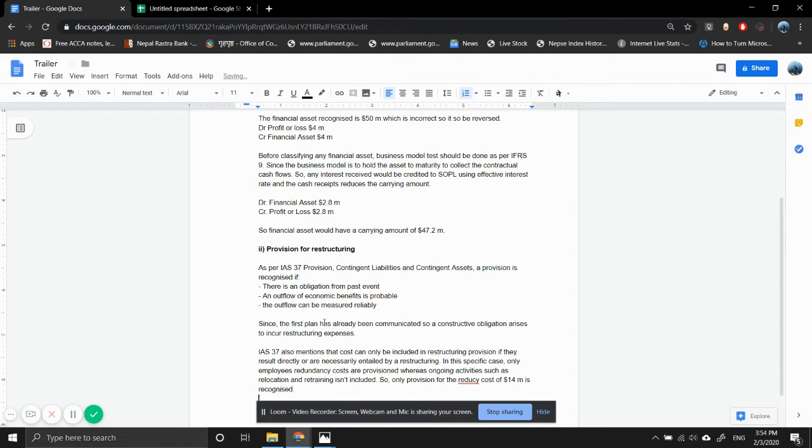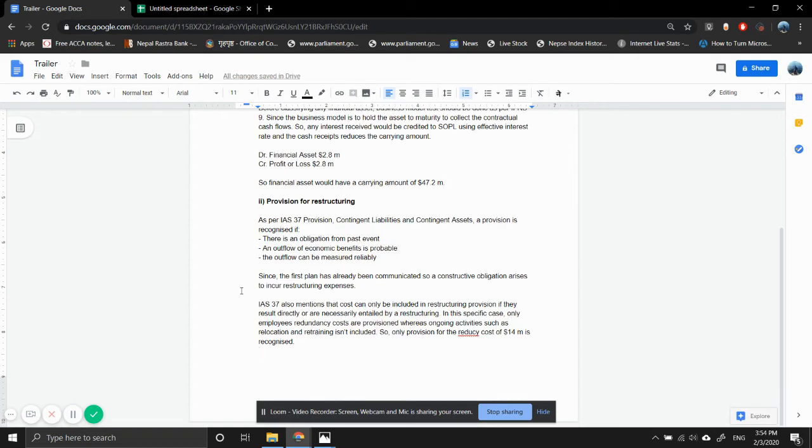So the entry would be, how would you recognize a provision: profit or loss, debit, credit provision.